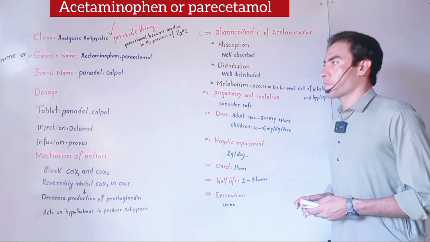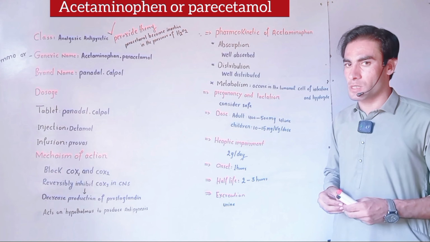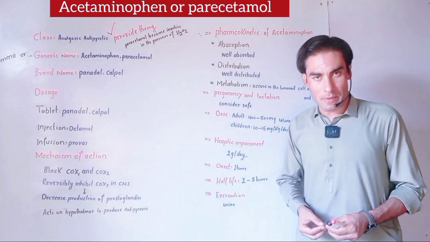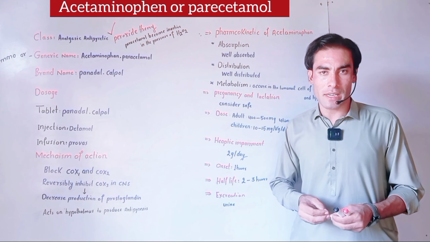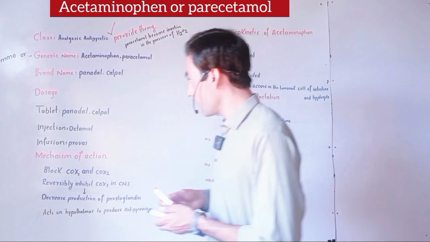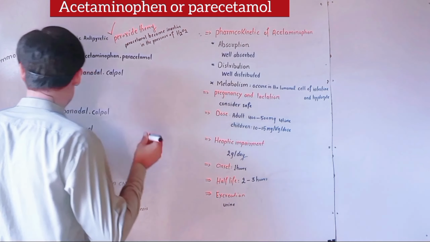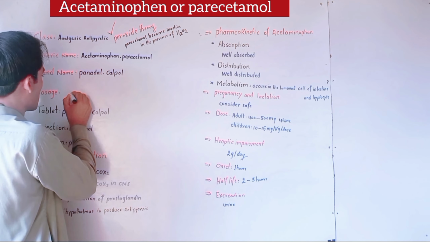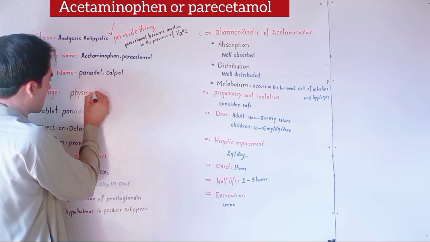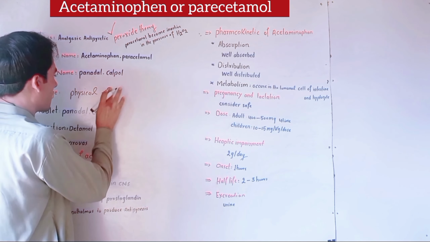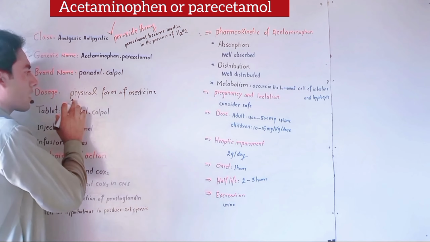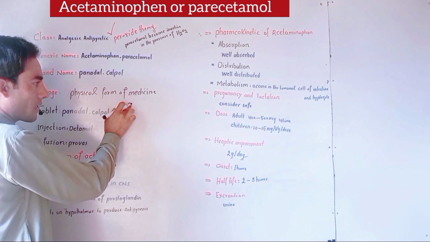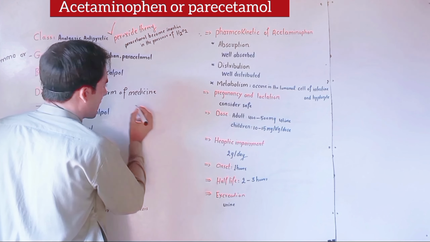Now come to dosage. Here two terms are used: one is dose and one is dosage. Dosage form is the physical form of a drug, like solid, gas and liquid. And dose is the amount of medication taken.